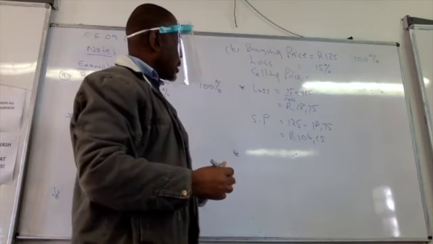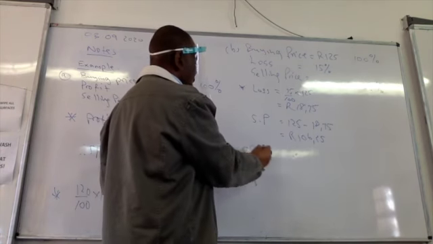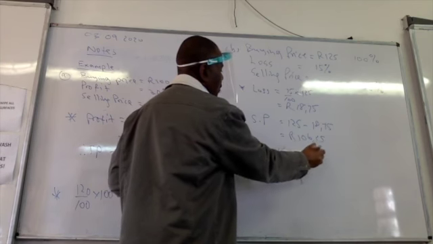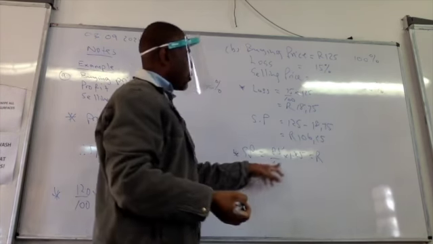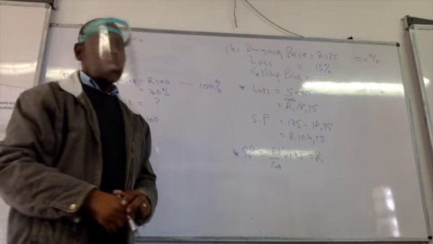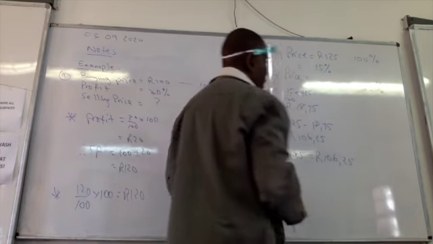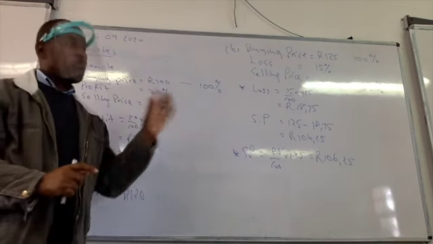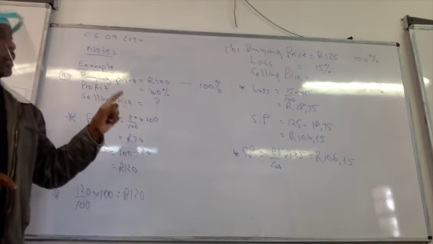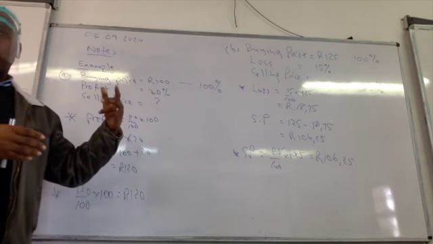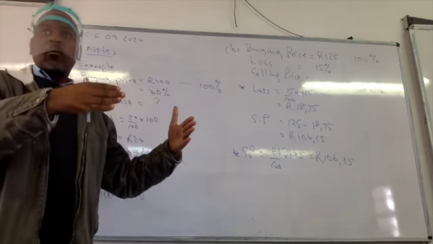So to work out your selling price, you just need to work out 85% of 125. Can you verify that? Is 85% of 125 equal to 106.25? Okay, so these questions are easy. I'm using profit and loss, but do you see that this question is similar to the question about prices with or without VAT?